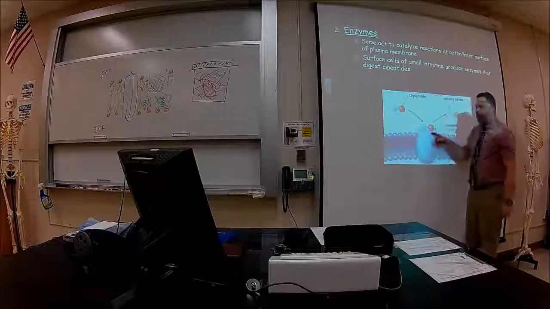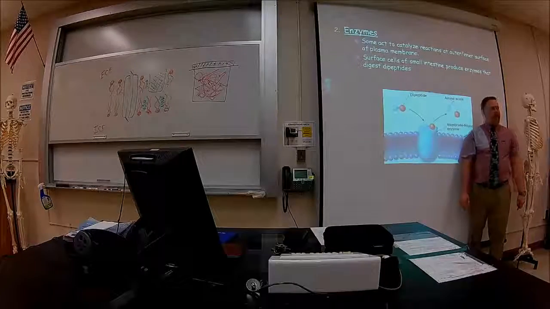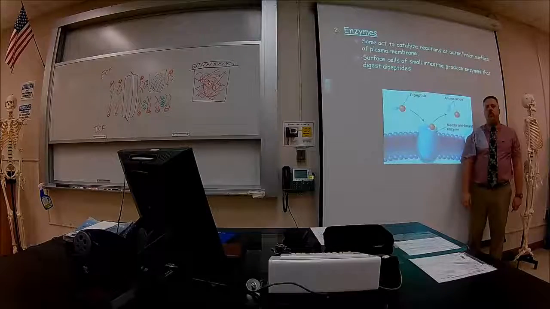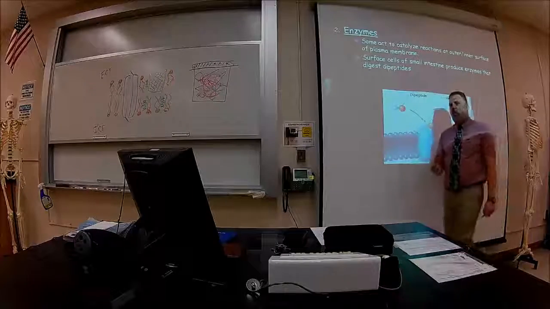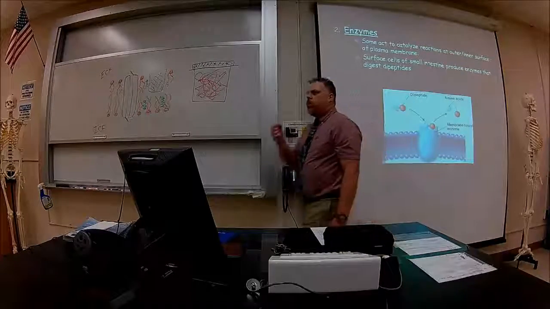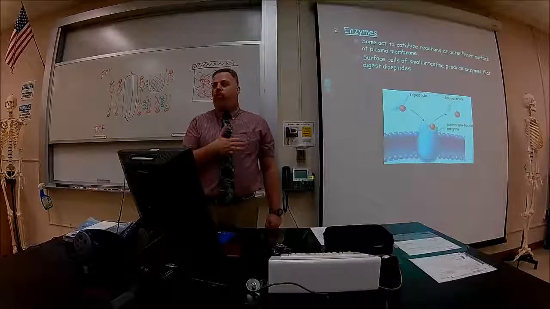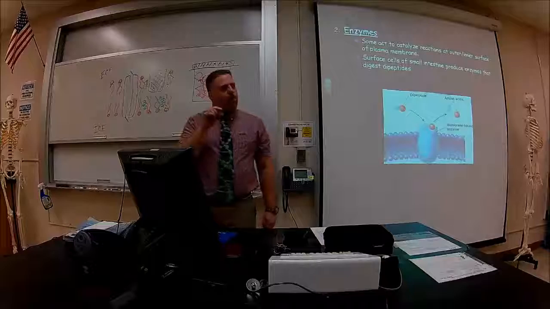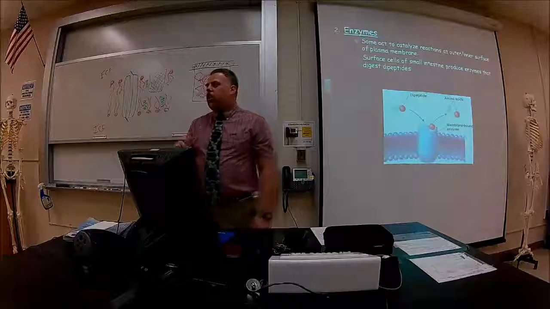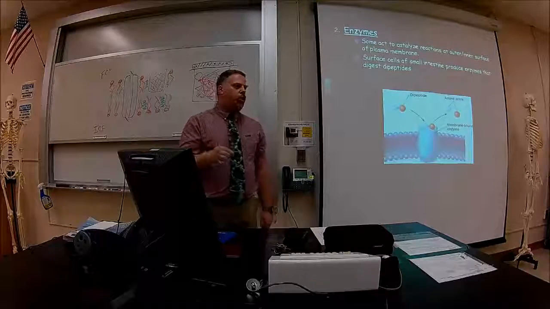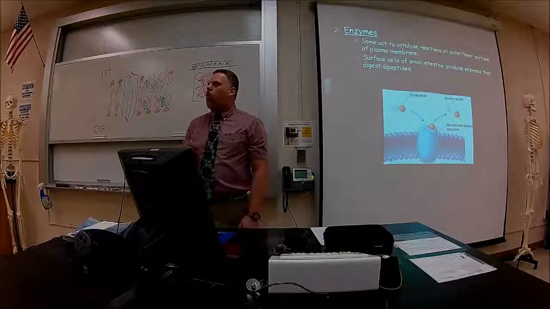Okay, another function is this could be used as an enzyme. Now, if you haven't done the chemistry part, an enzyme is a chemical that is going to speed up a certain reaction to occur very fast. And in doing so, the enzyme does not get destroyed and can be reused over and over.